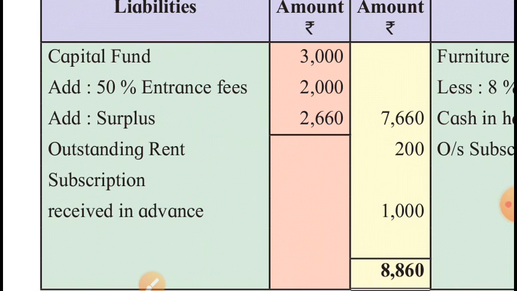So 7,660 total capital fund at the end of this year is 7,660, being shown in the outer column. Then outstanding rent. This outstanding rent was given in the adjustment. So we know that outstanding expenses are shown on liability side. The income which is received in advance, subscription received in advance, is liability, shown on liability side.